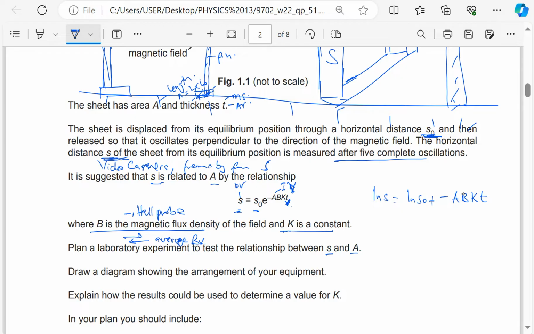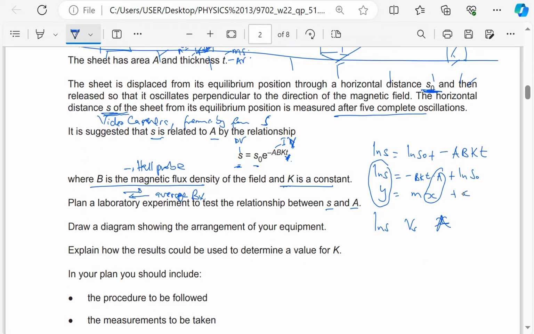Remember, A was the independent variable and S was dependent, so whatever is related to the dependent is the subject. So ln of S equals negative BKT times A, plus ln of S naught. If I compare this with y equals mx plus c, on the y-axis I will plot ln of S versus, on the x-axis, A.